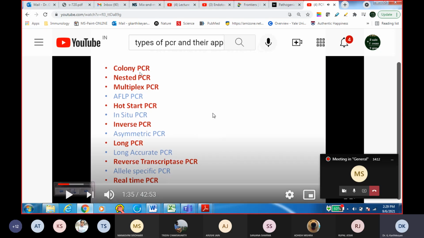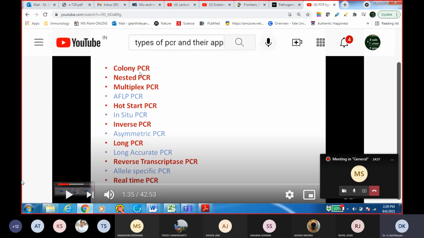Just a quick note: both real-time PCR and reverse transcriptase PCR are called RT-PCRs. But whenever somebody says RT-PCR, depending on the context in which it is being talked about, we could immediately sense whether they are talking about real-time PCR or reverse transcriptase PCR.